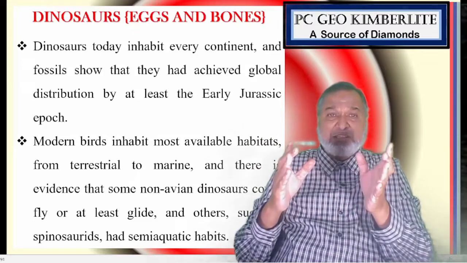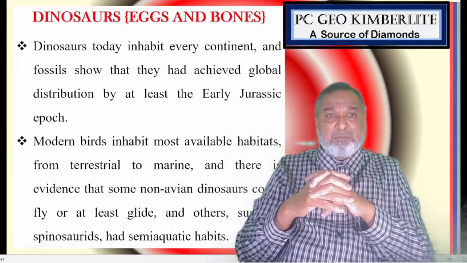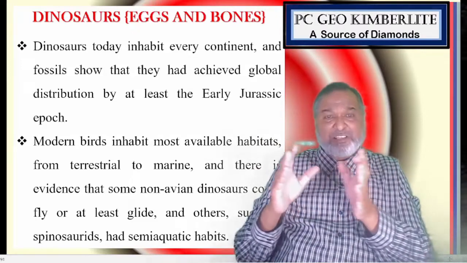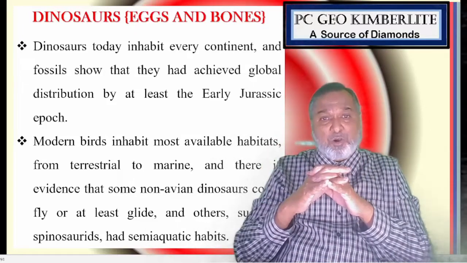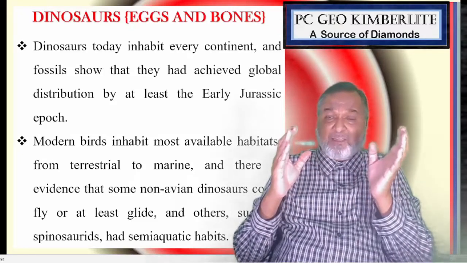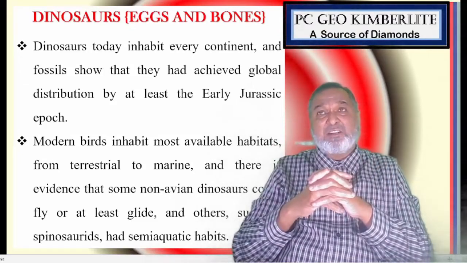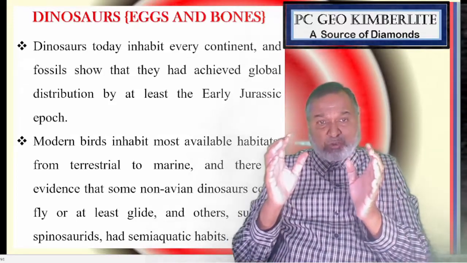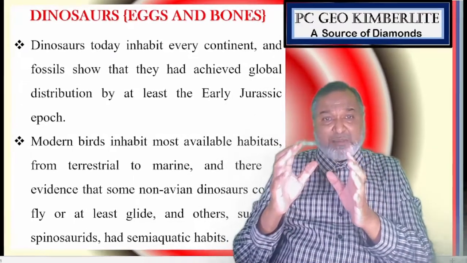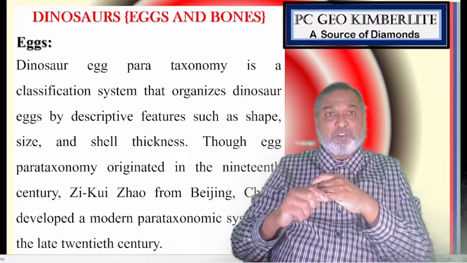The modern birds inhabit most available habitats from terrestrial to marine, and there is evidence that some non-avian dinosaurs could fly or at least glide, and others such as spinosauroids lived in semi-aquatic habitats.